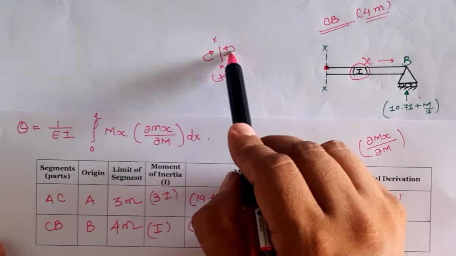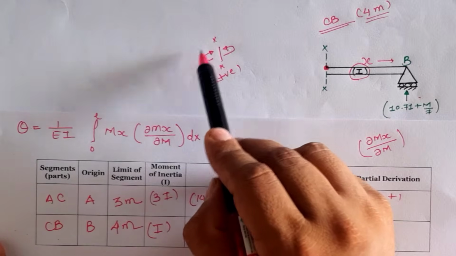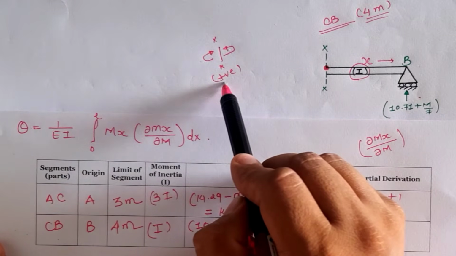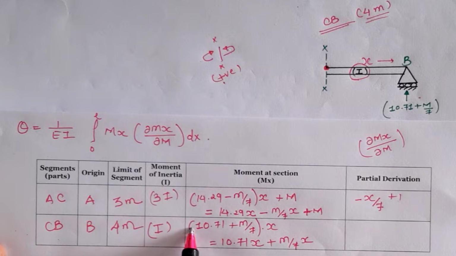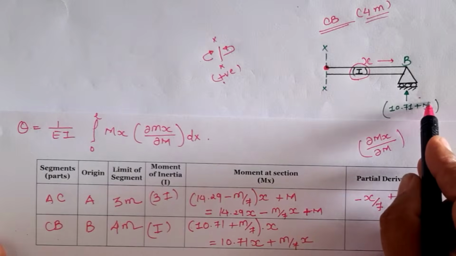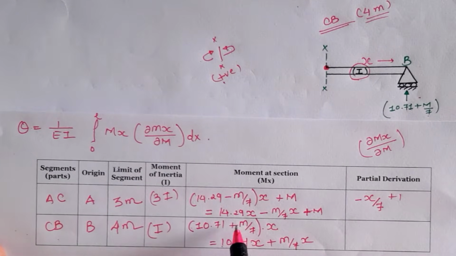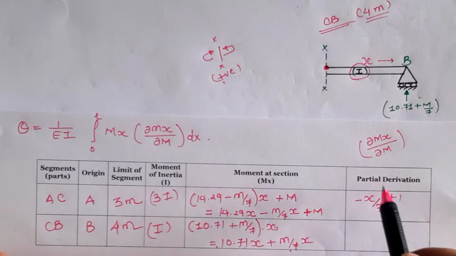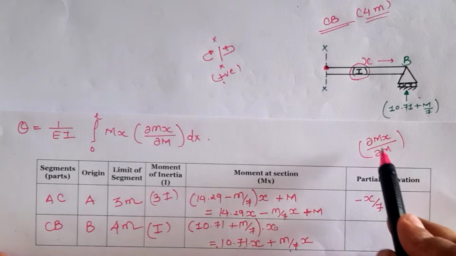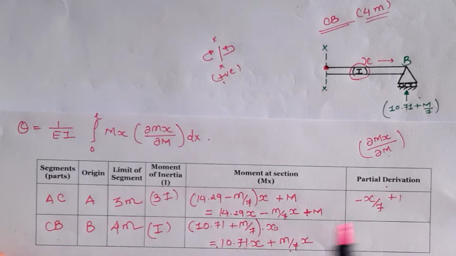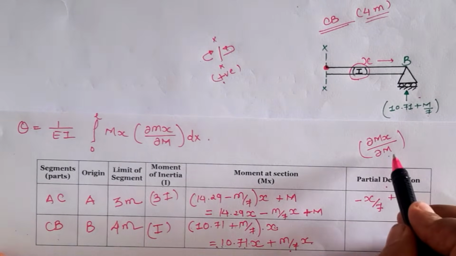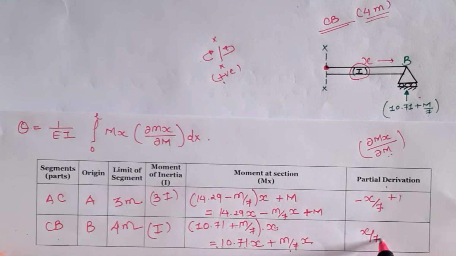According to the sign convention, the left-hand side clockwise and right-hand side anticlockwise is treated as positive, hence RB into x is positive, and the RB value is 10.71 plus M by 7, so it is 10.71 plus M by 7 into x. Solving this term we have 10.71 into x plus M by 7 into x. Using the partial derivative of the sectional moment with respect to M, 10.71x gives 0, and M by 7 into x with respect to M gives x by 7.